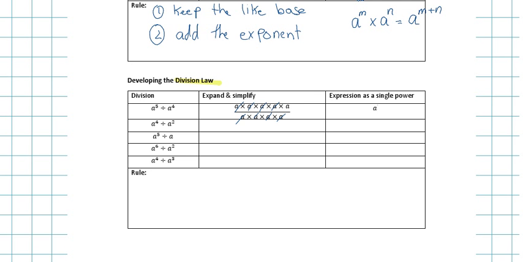Same thing if I have a times a times a times a divided by a times a. So what happens? A squared, right? If I simplify, 1 and 1, 1 and 1, I have 2 a's left. So I have a squared left.